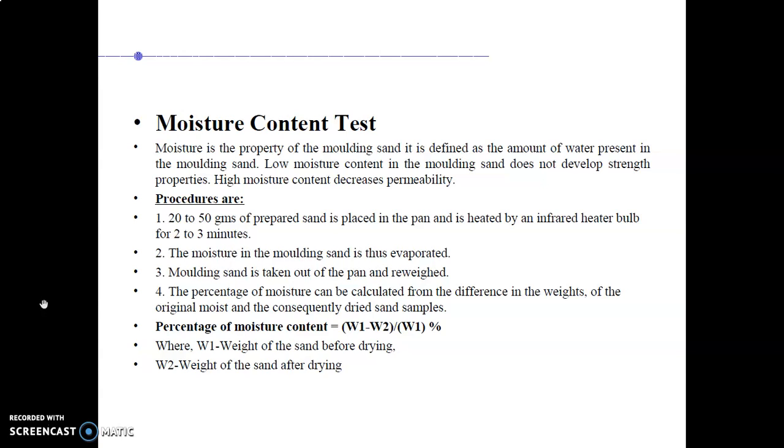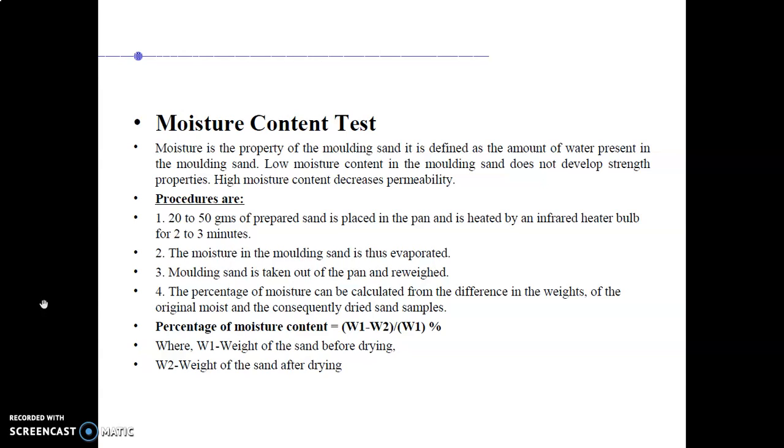The percentage of moisture can be calculated from the following equation: W1 minus W2 divided by W1. W1 is the weight before the heating, so you have some moisture content. Again after heating you measure the weight of the molding sand.